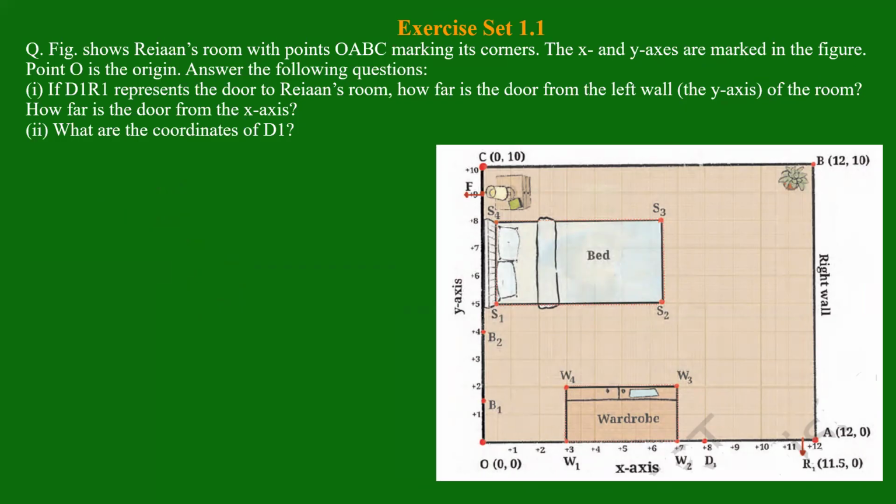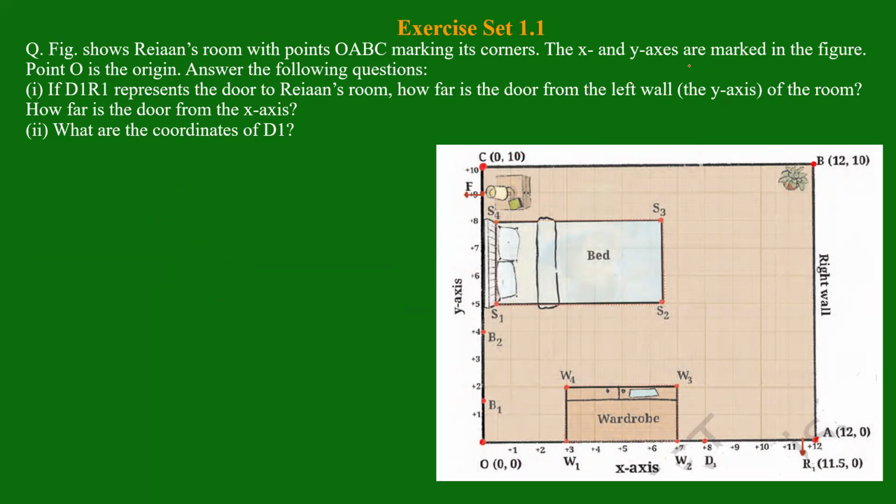So now the first question is, what are they asking. The given figure shows Rian's room with points O, A, B, C marking its corners. Here, this is point A, this is point B, this is point C, marking the corners.